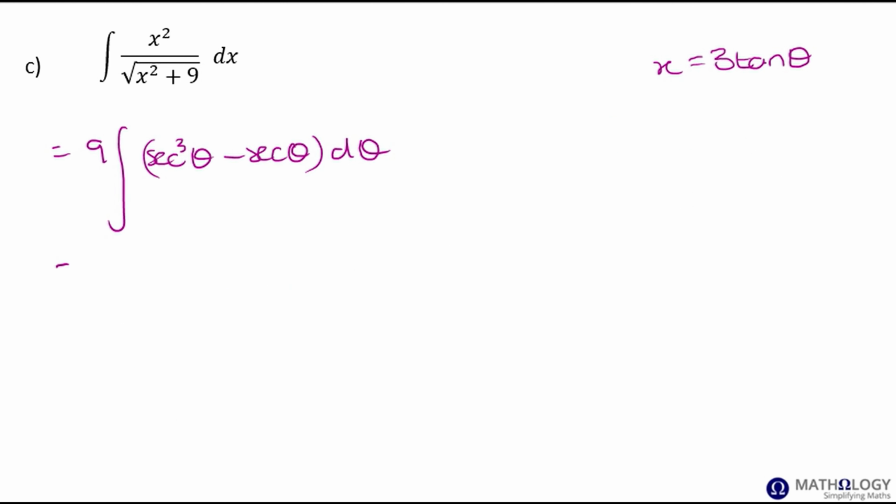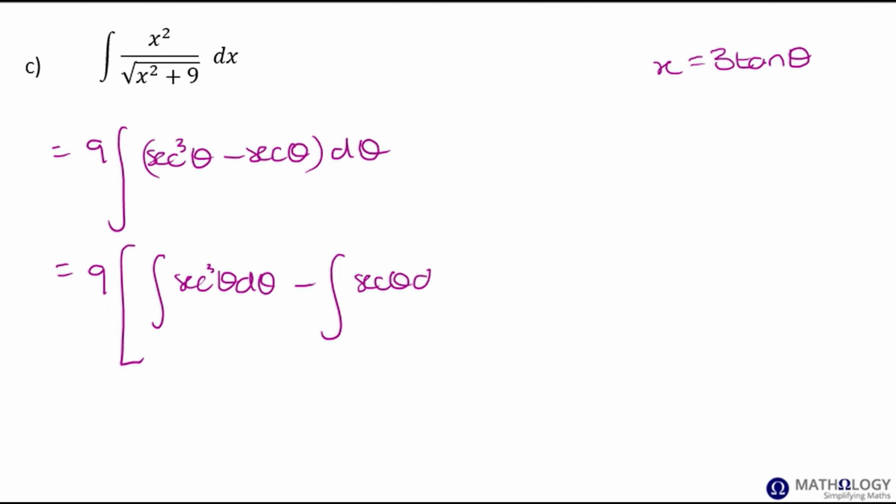We can split this into two separate integrals. So it's 9 times the integral of sec cubed theta d theta minus the integral of sec theta d theta. Now, the integral of sec cubed theta you can find by using integration by parts. We're not going to do that here. The integral of sec cubed theta can be found on your table of integrals.